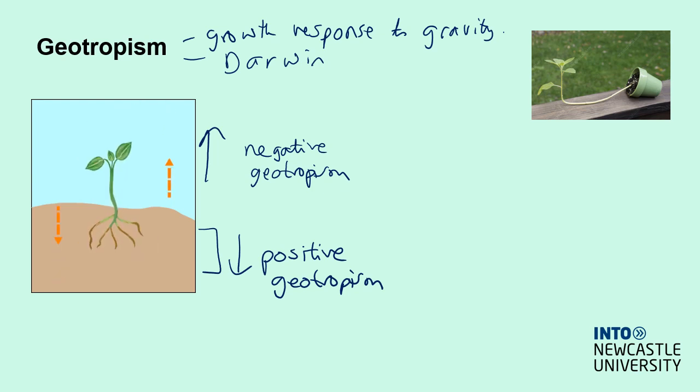So geotropism is a hot area to study if you're a space scientist as well. You can do this yourself as well, not in space, but in this picture here, if you put a plant pot on its side, then you will see the plant will bend and will start to grow away from gravity. So you've got this negative geotropism in the shoot part of the plant. So that's geotropism.